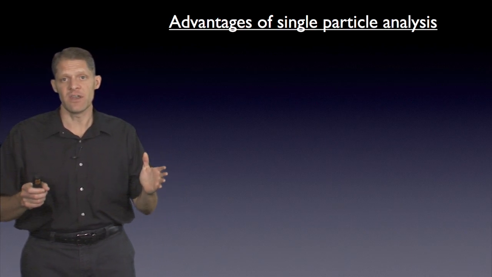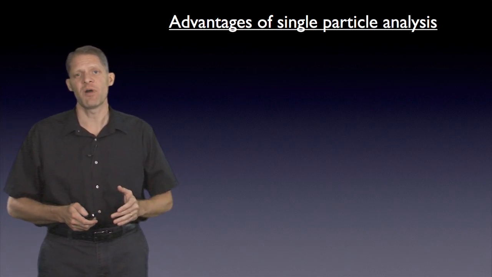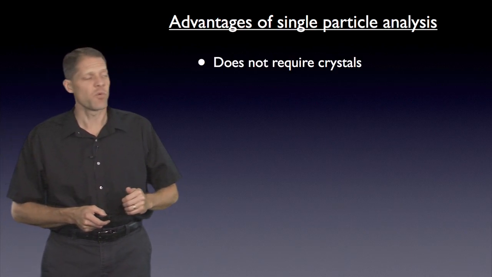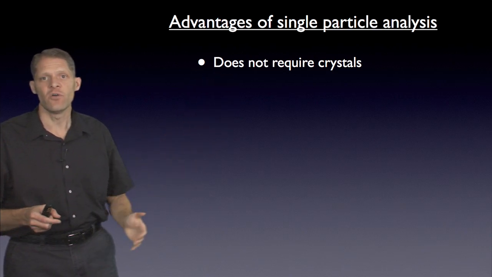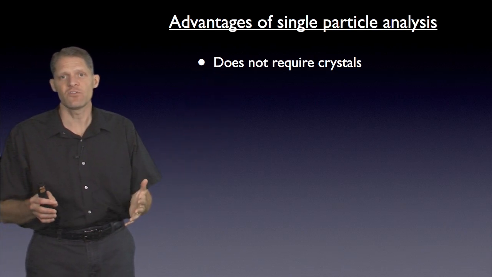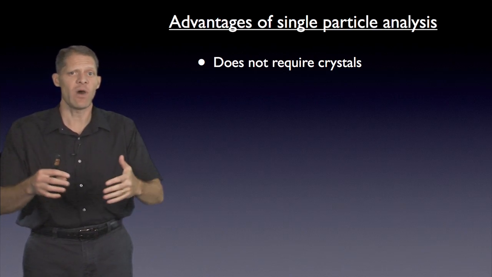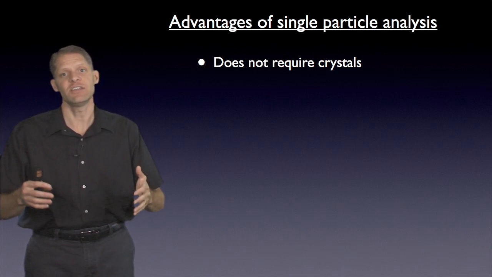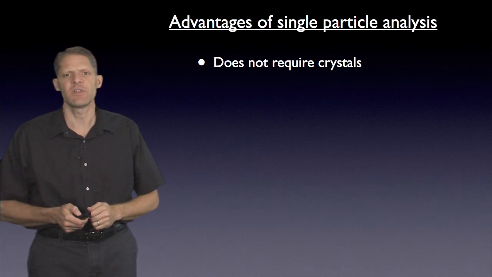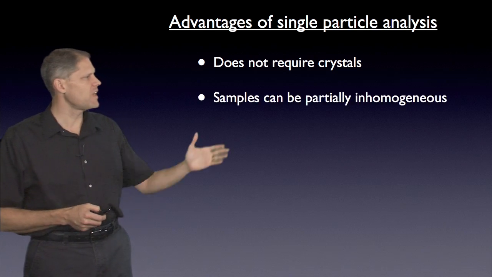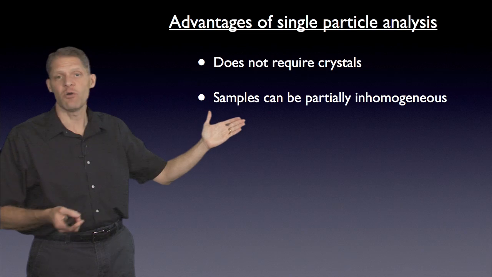And they illustrate a number of the advantages of single particle analysis. The first one is that it doesn't require crystallization. And so you can avoid the time-consuming and luck-requiring step of finding conditions in which your object of interest will crystallize. Also, the samples can be partially inhomogeneous.